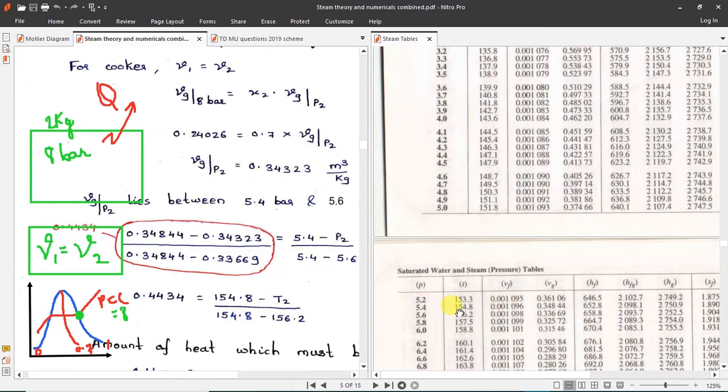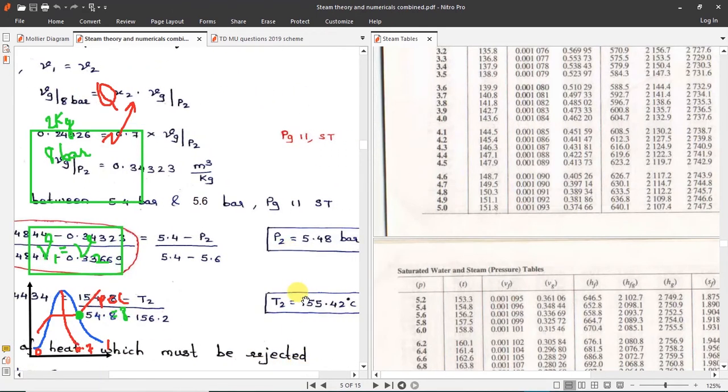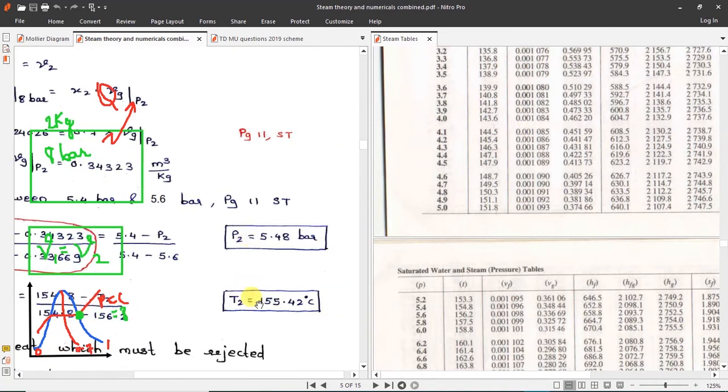Here the in-between value is not there. Minus T2, divided by, for 5.4 again the temperature is 154.8, minus for 5.6, what is the temperature? 156.2. So from here I will get the saturation pressure and temperature for point 2.